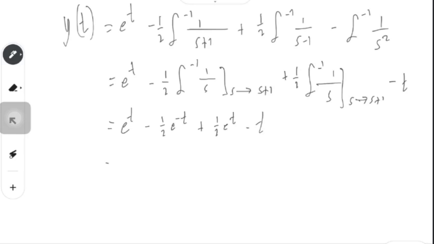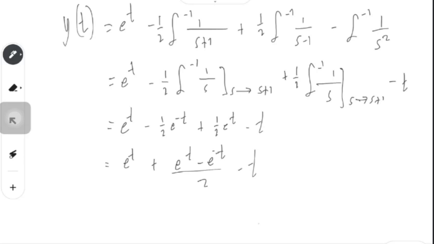Then identity, e to the t, pwede mong i-factor out yung 1/2, no? Ito yung magiging e to the t minus e to the negative t divided by 2.